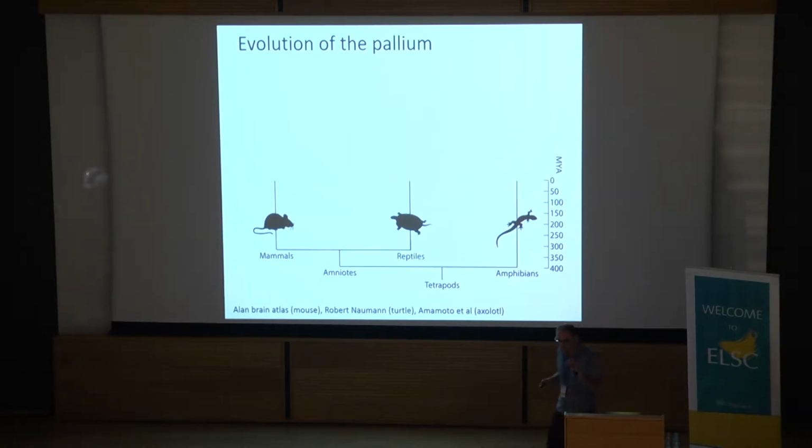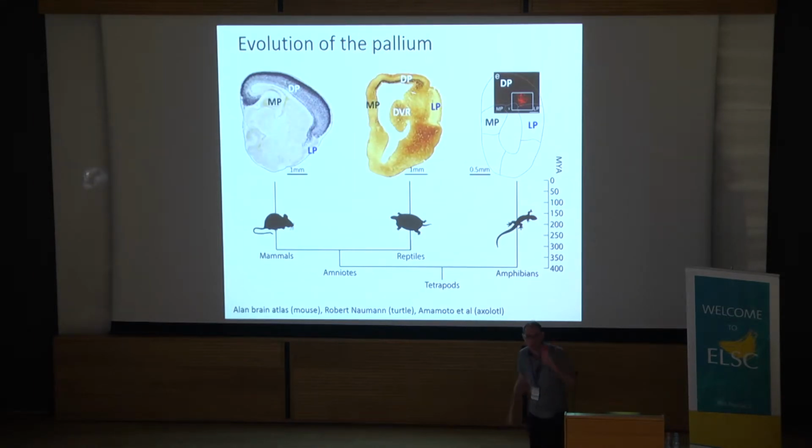And if we look at the brains of these animals, so this is the frontal cross-section through a brain of a mouse, a turtle in this case, and an axolotl here, we can see that there are marked changes in the pallium of the brain, so in the forebrain and specifically in the shell of the brain.